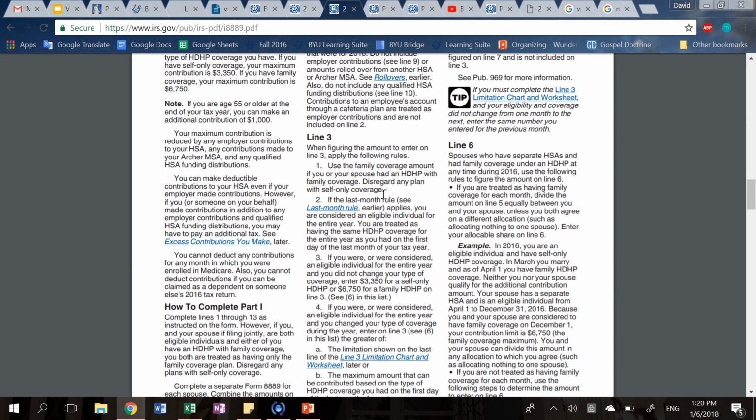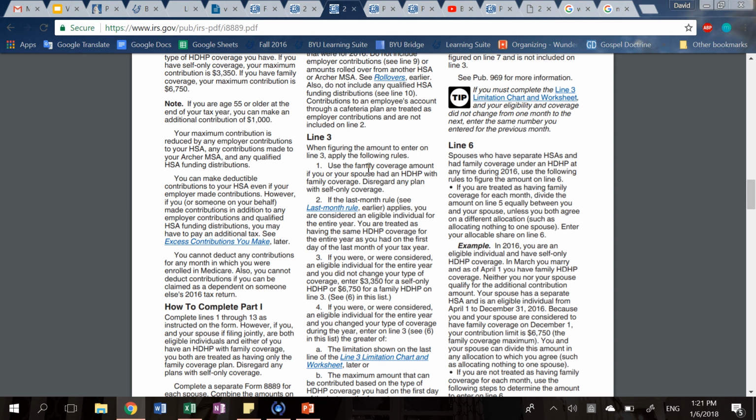So that's how the date that somebody ceases to be eligible can affect the HSA contribution. Because if you cease to be eligible in November, then the last-month rule doesn't apply and you are not considered to be eligible the entire year.